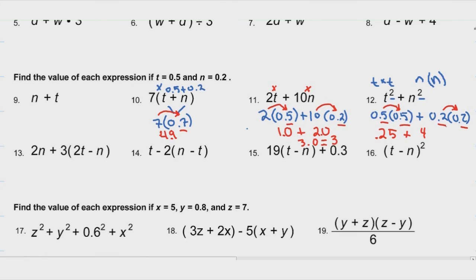So when we're done, we need 2 of them, but we only have 1 digit here. So basically, we have to add a 0 and put a decimal there. 0.25 plus 0.04 is going to give us 0.29.